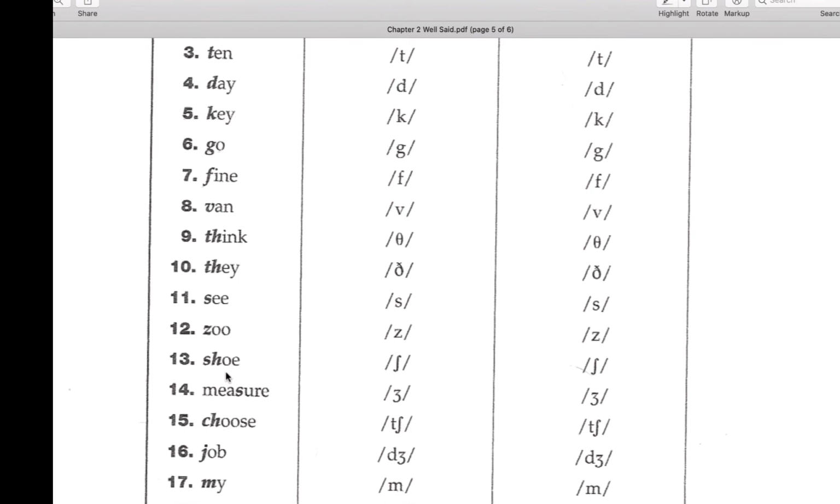Since we want to know what sound is sh, because it's not always SH, we need to have its own special symbol. So here we have this very long and skinny S, and that will always, in any language, if that language has it, represent sh.